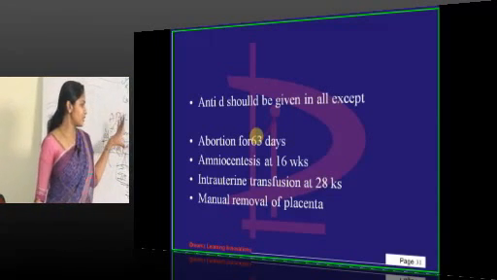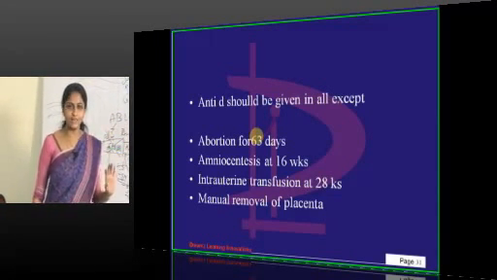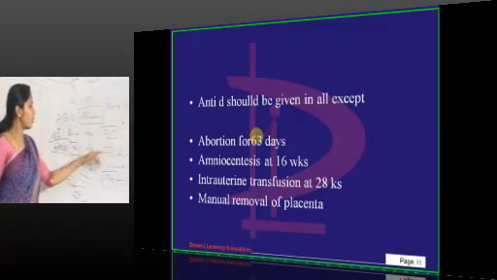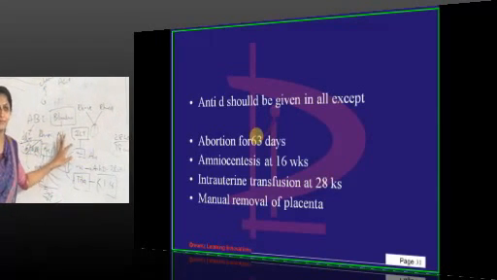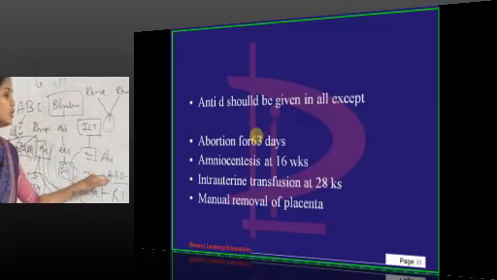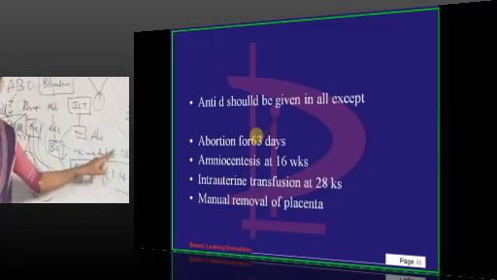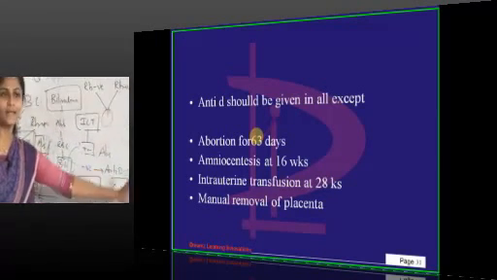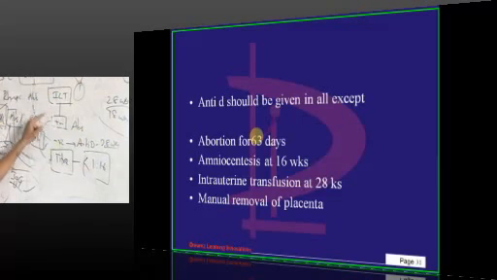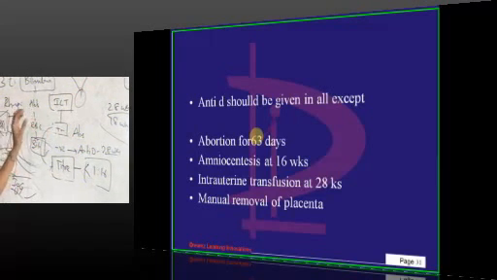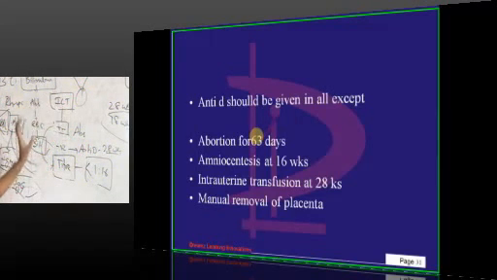Okay, first of all, when are we going to give anti-D? In an Rh-negative mother, first I see the ICT levels. If it is negative, then only I give anti-D at 28 weeks and at term, and then deliver. If the ICT is positive, it already indicates there are antibodies in the mother, so no need to give anti-D.